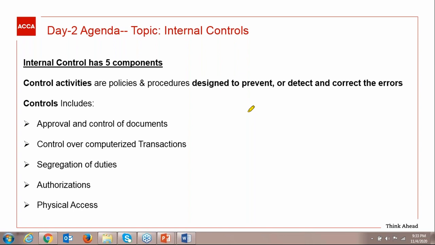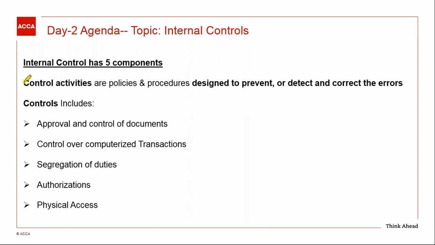Remember these two elements. Now we are going to study the next element, control activities. That is approval and control of documents, control over transactions, segregation of duties, authorizations, and physical access.